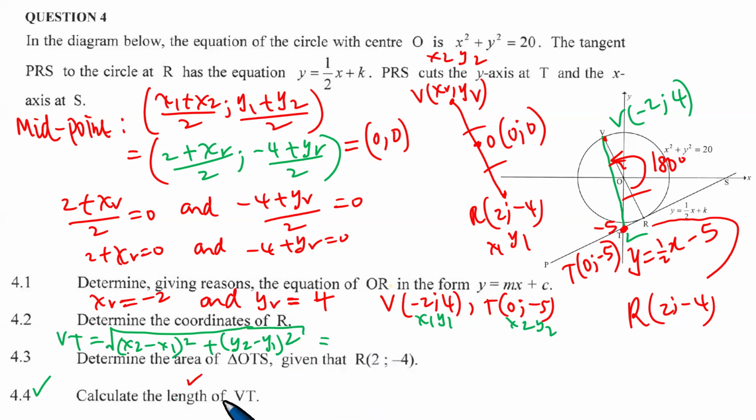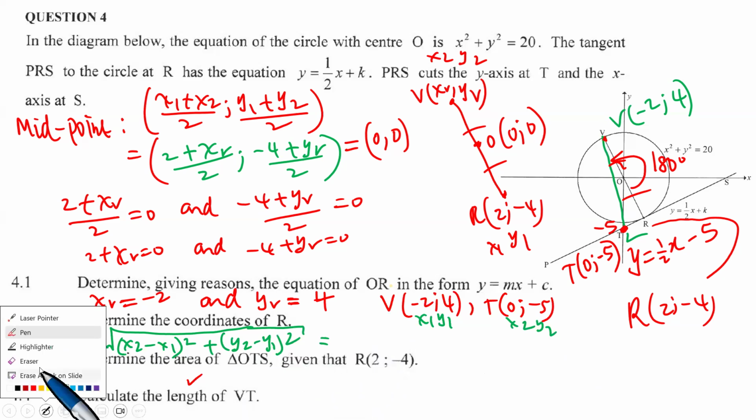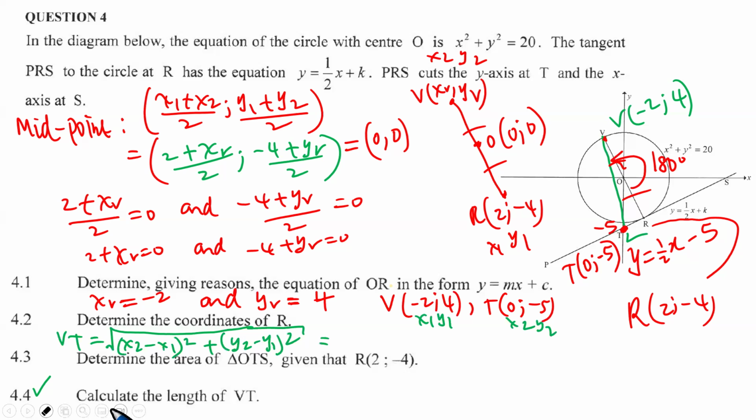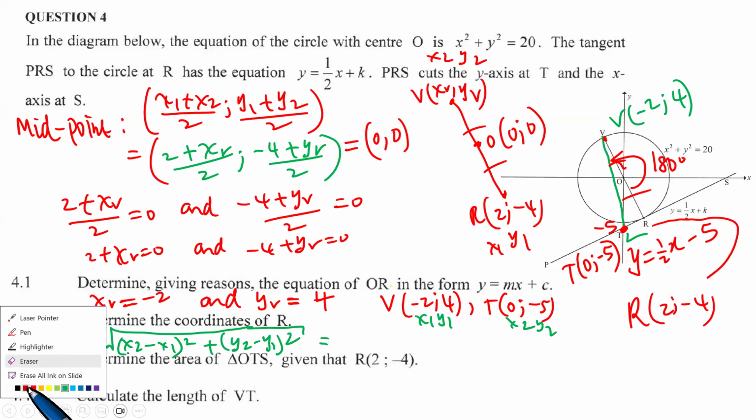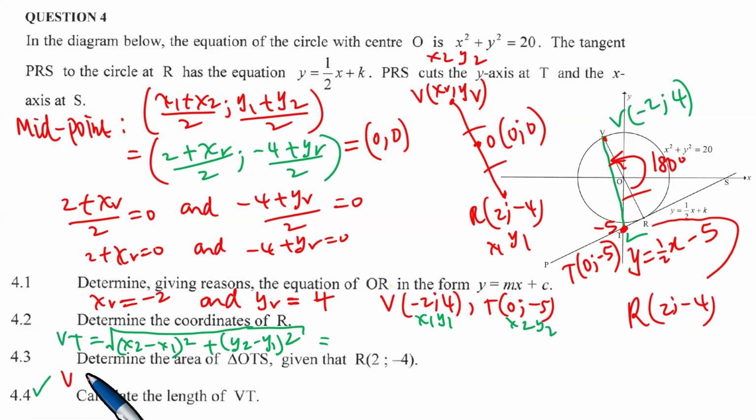And therefore now we continue to find the distance. If we continue here below, we are able to find VT, which equals, what is X2? X2 is 0. What is X1? It's -2, squared. What is Y2? It's a -5.